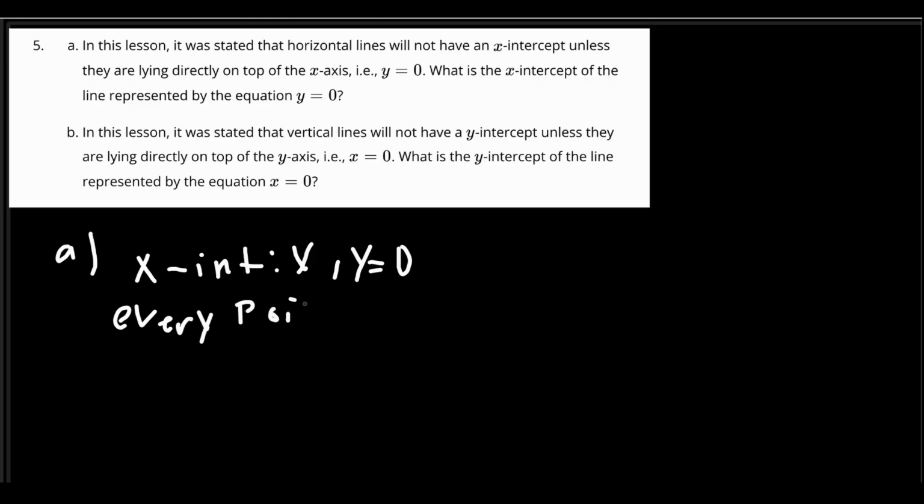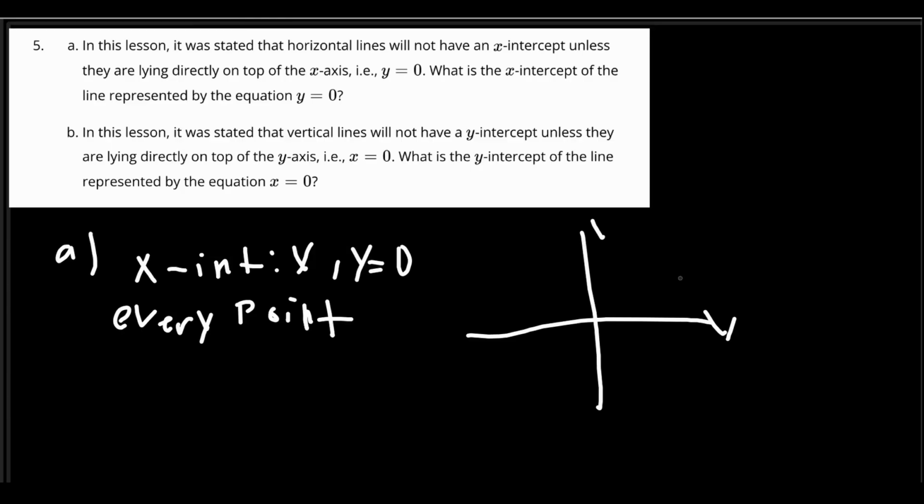Because every point on that line is just when y is equal to 0. So every point on this line is the x-intercept. So yeah. If I were to draw a graph over here, a really rough sketch of one, this is the y-axis, this is the x-axis.